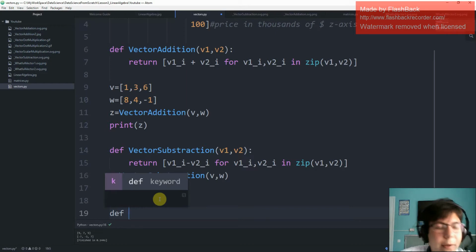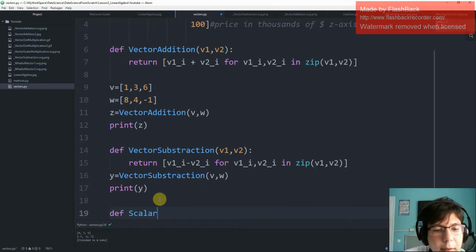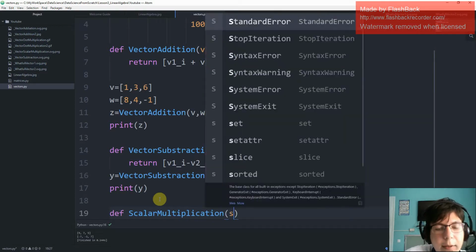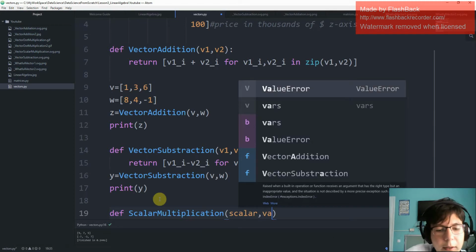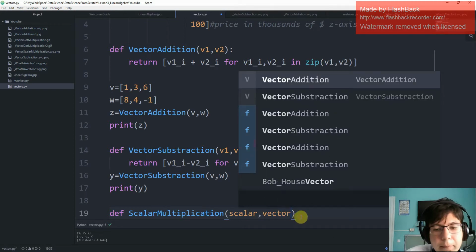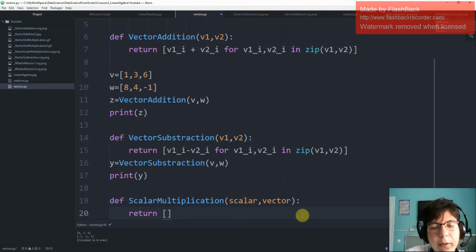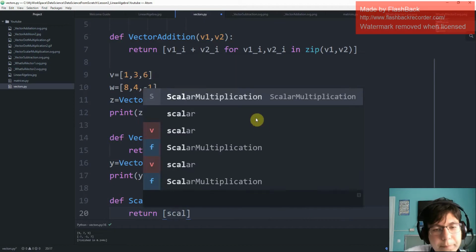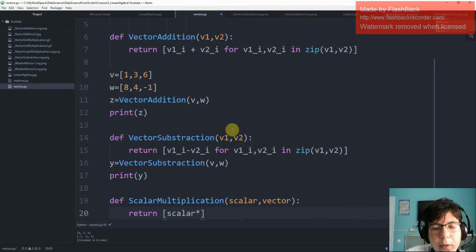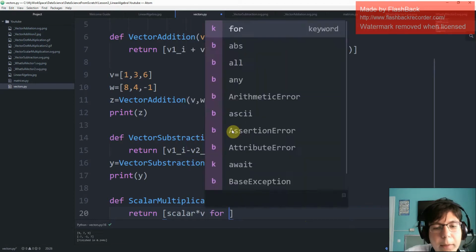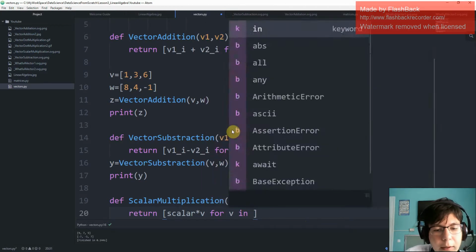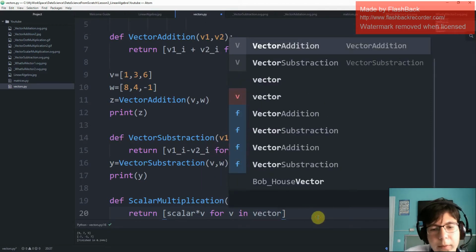So let's define our function, scalar multiplication, which will take a scalar and a vector, and will return another vector, which we are going to obtain by multiplying each value of our original vector with the scalar. So for v in vector.